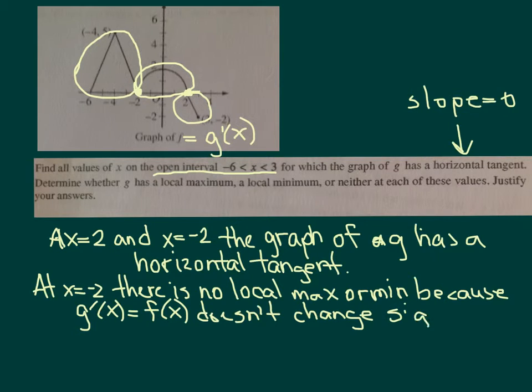Okay, now we'll use the same reasoning when we look at x equals 2. Now you notice that at x equals 2, it does change sign from positive to negative. Therefore, we have a local maximum.